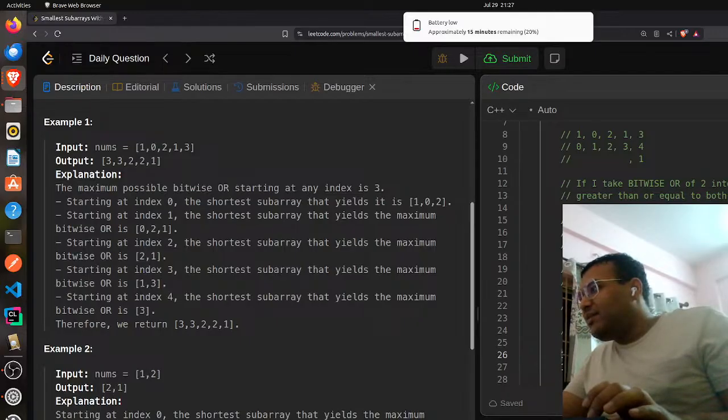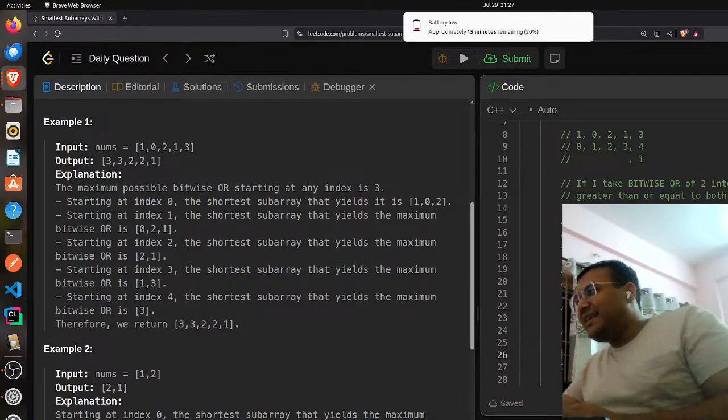So the OR will guarantee that the first bit is set to 1. So we know that X will be greater than Y.